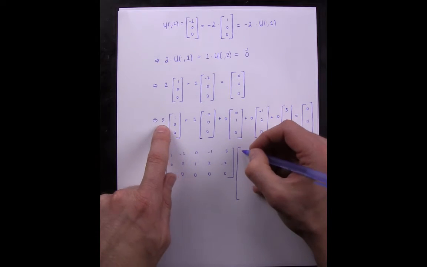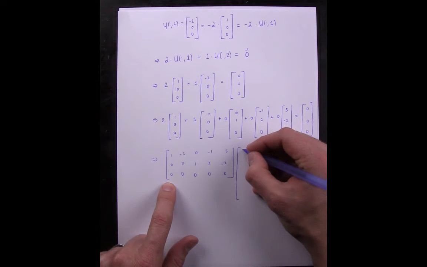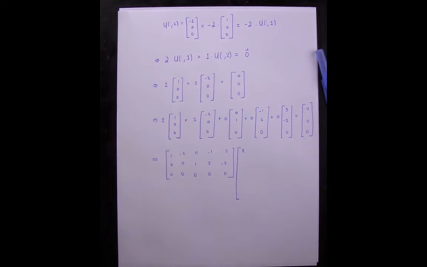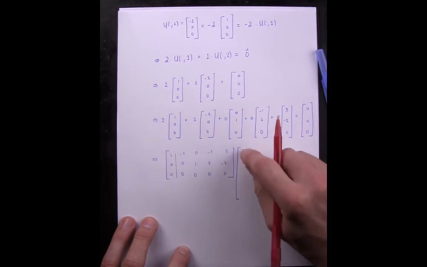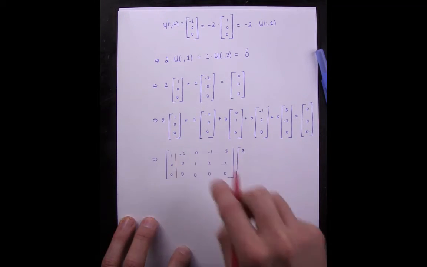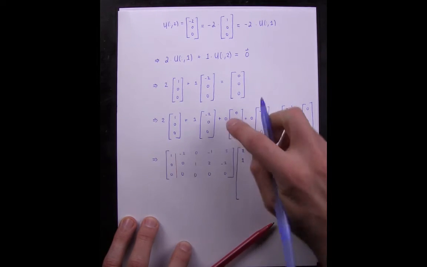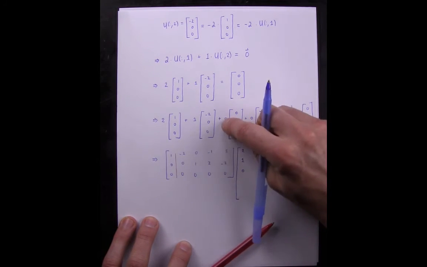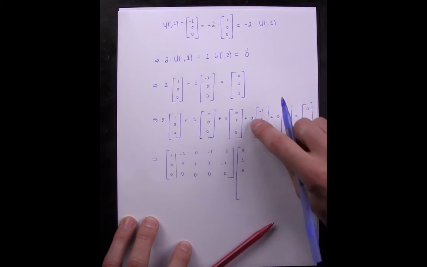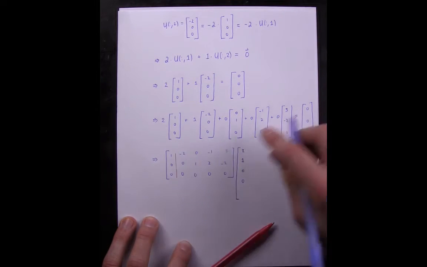Well, we knew that the first scalar weight on the first column is 2. Right? So we see that this 2 goes with that first column. The second weight is 1. The third weight is 0 because that's lined up with this one. The fourth weight is 0. The fifth weight is 0.